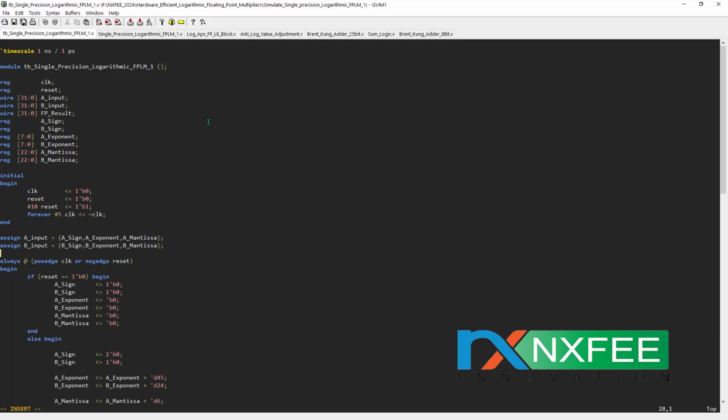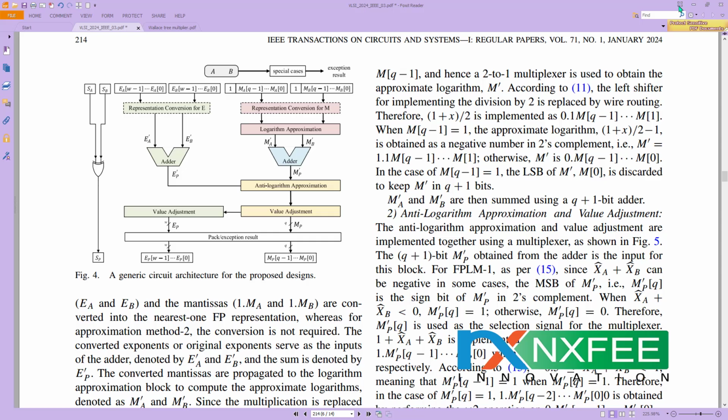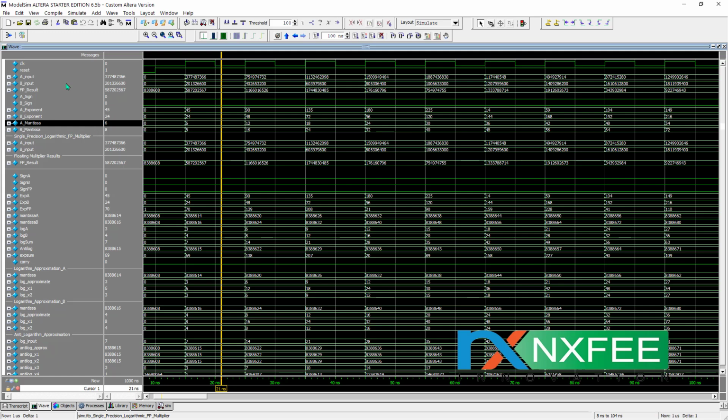This is the code for FPLM1 and this is the FPLM2 architecture code. We cannot show this code openly, but if you need it you can verify it at my website. Now we can verify the synthesis report and the simulation report.